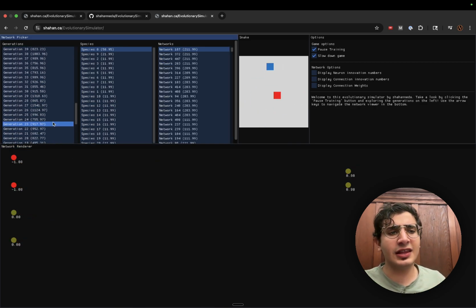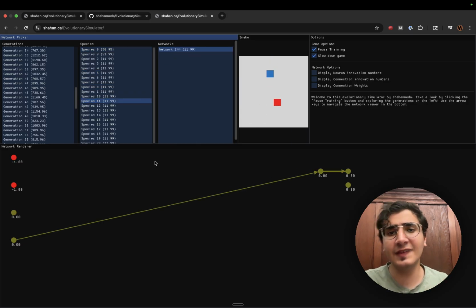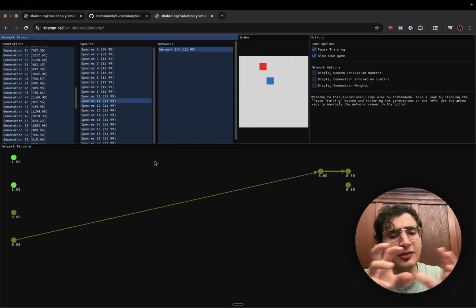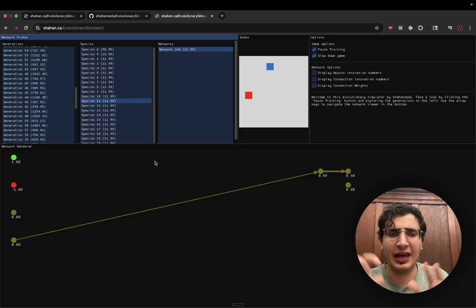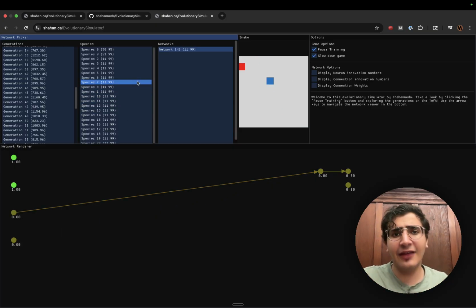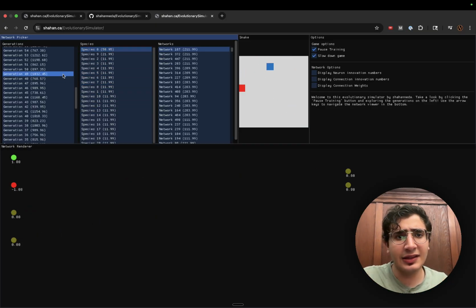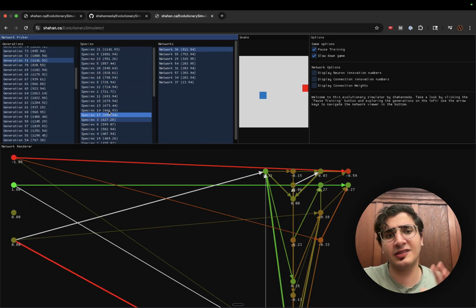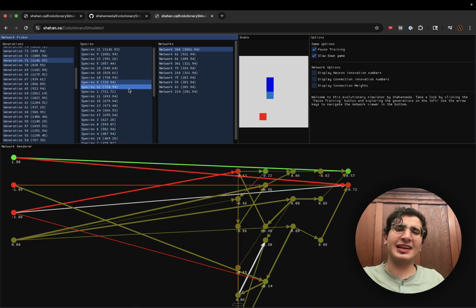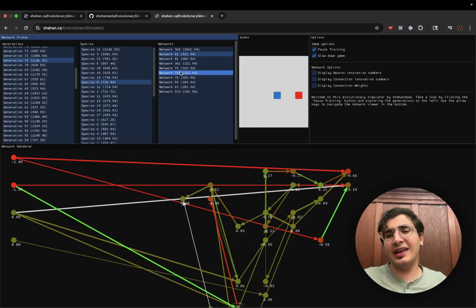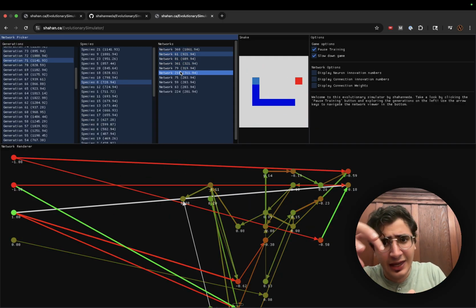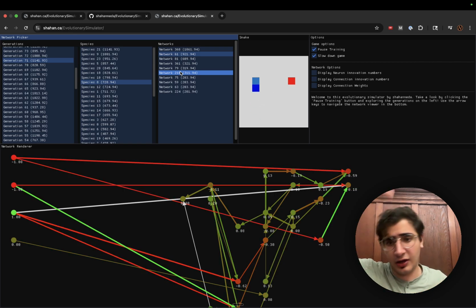One interesting thing also is there's this concept of species. Based on how similar a network is, you can compare two networks and get a number based on how similar they are. And we group similar networks together in the same species. So you can see if I go to a later generation, there's a lot of different species. The reason that we do this is that each network only competes within its own species mainly. It doesn't compete as much in the global pool.